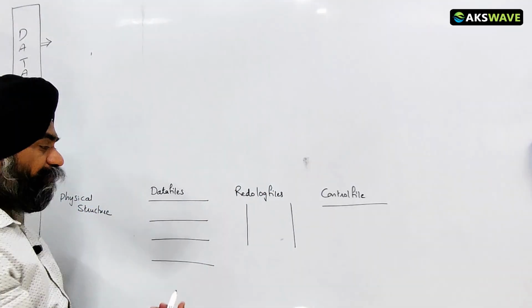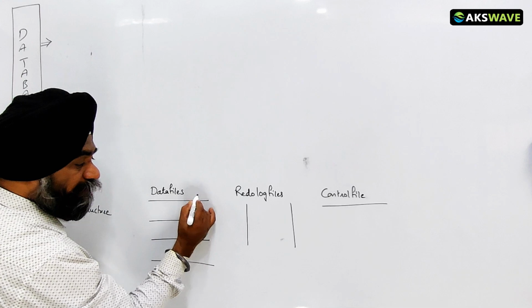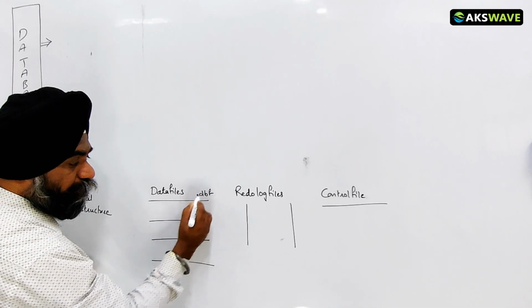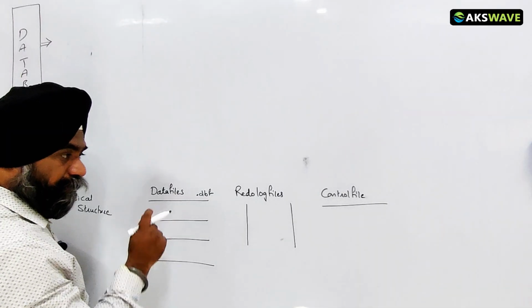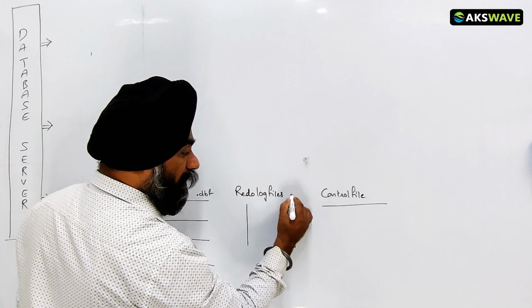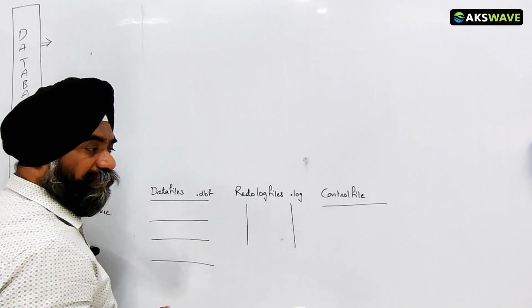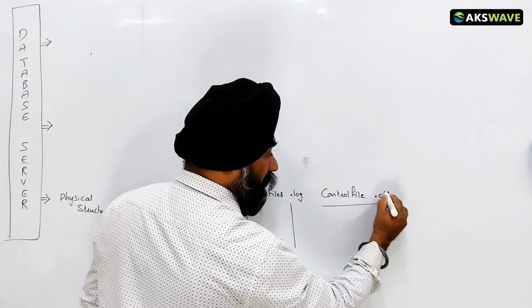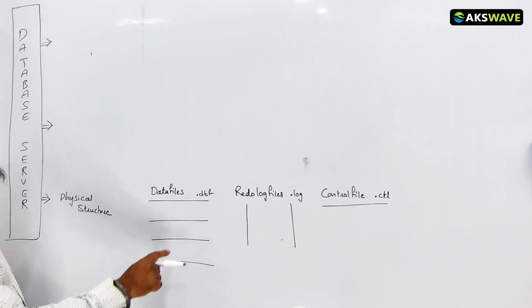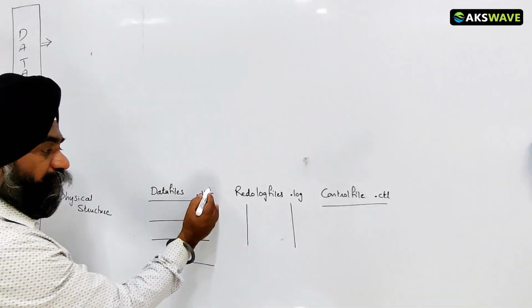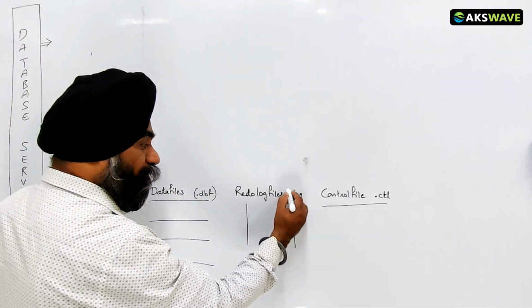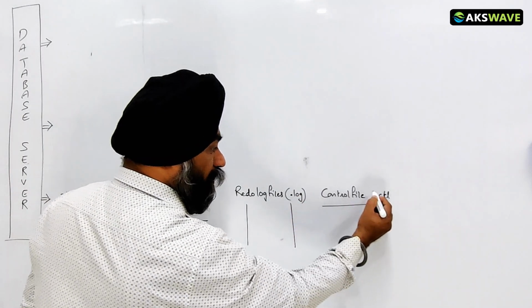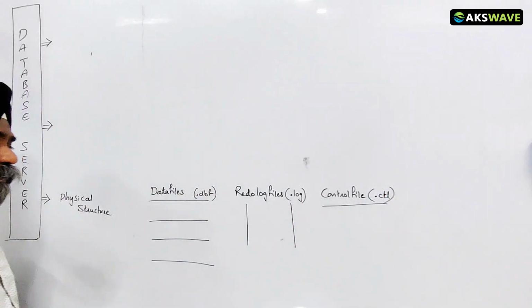Same way, data files will have the extension .dbf. Redo logs will have the .log extension. Control files have the extension .ctl.